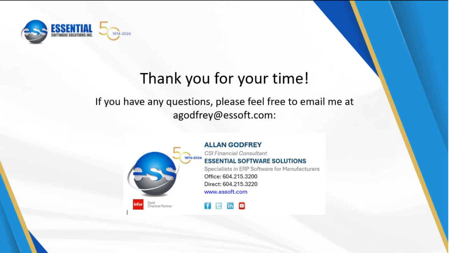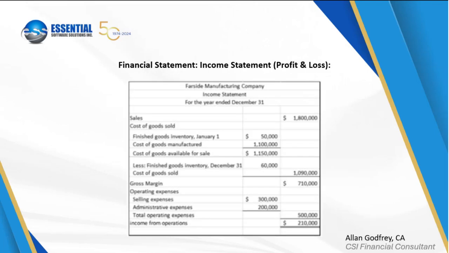Well, basically if you look at the revenue or the sales, minus the cost of goods sold, minus all the expenses, you're going to get your income from operations, or some people call it profit, net loss, net gain, and so forth.